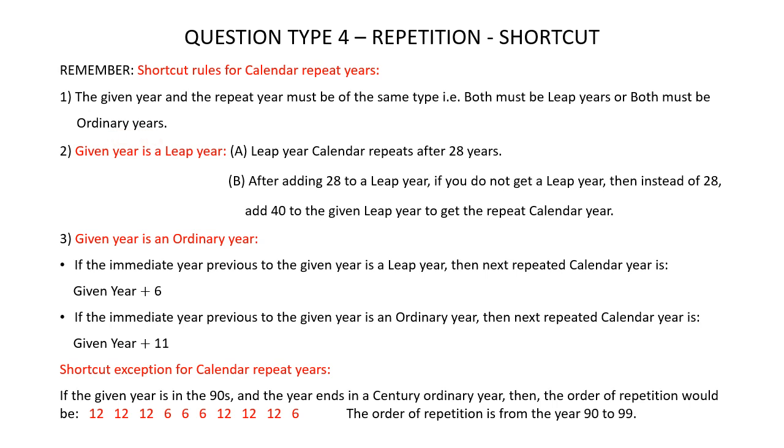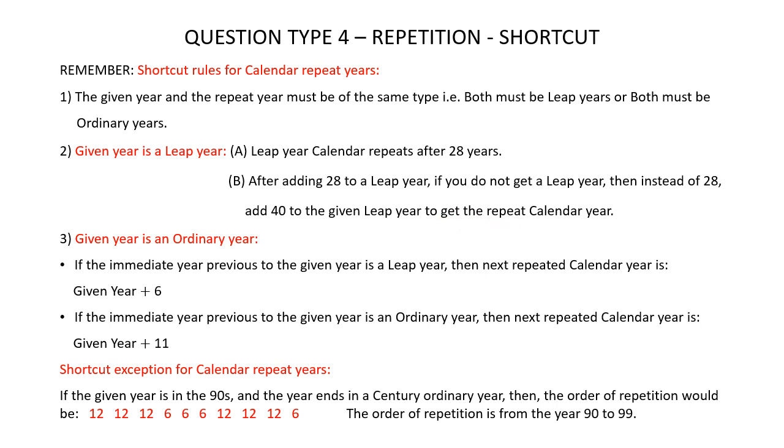Now, if the given year is a leap year, then the leap year calendar repeats after 28 years. After adding 28 to the given leap year, if you do not get a leap year as the answer, then instead of 28, add 40 to the given leap year to get the repeat calendar year.